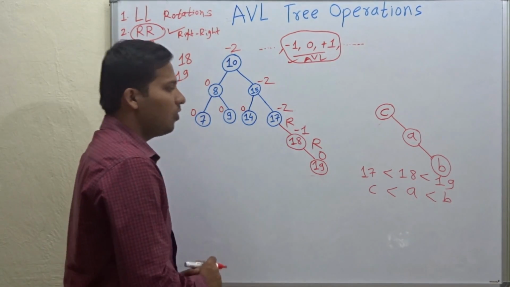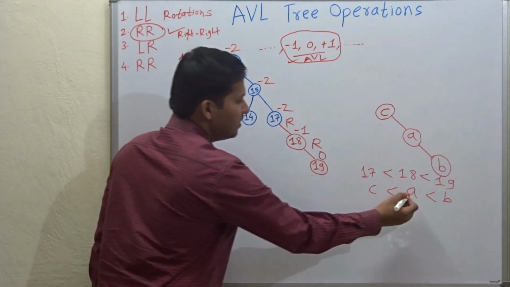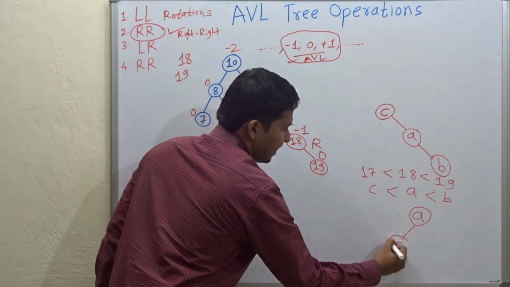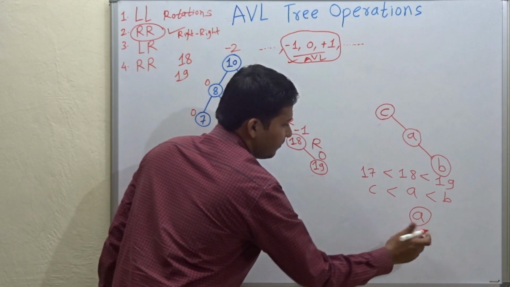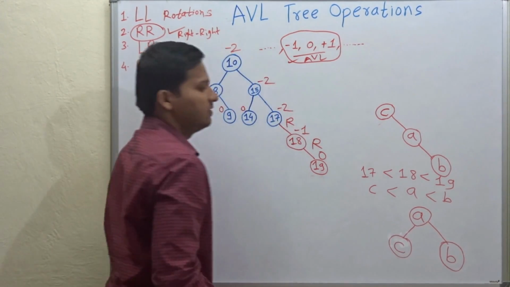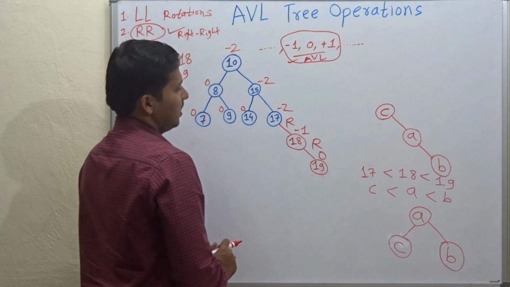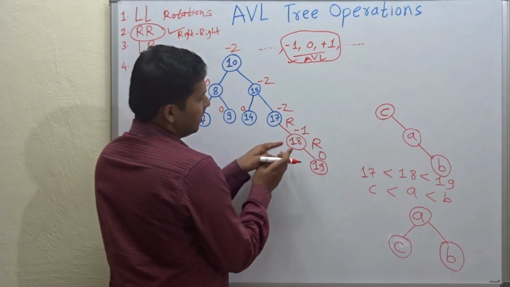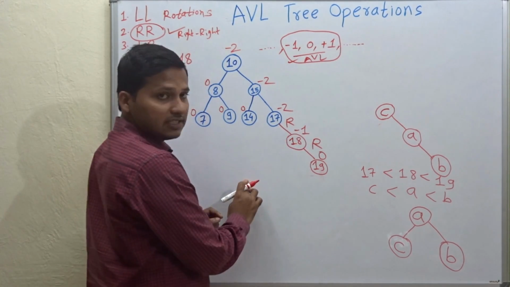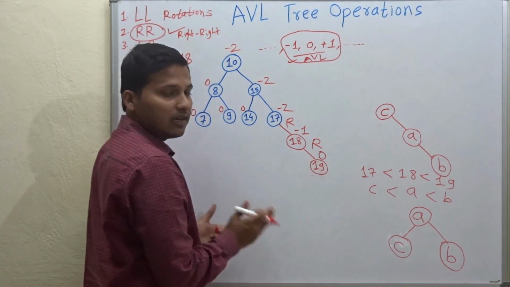Okay. Now obviously you can take A in the middle. As C is less than A, you can take it as the left child and B as the right child. Okay. Now so directly you can take 18 in the middle, 17 as its left child and 19 as its right child.